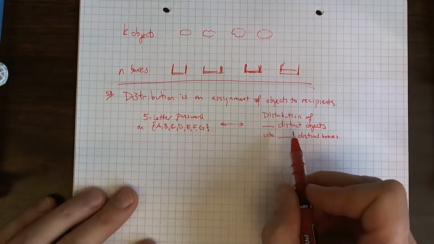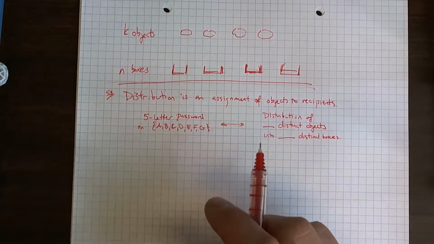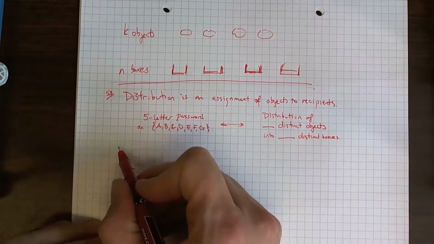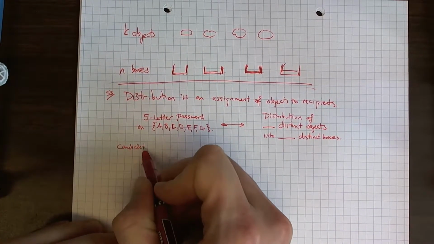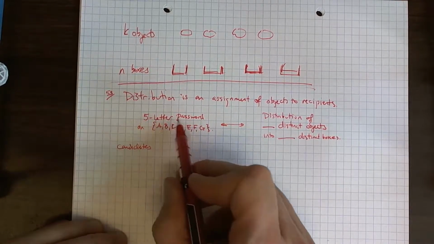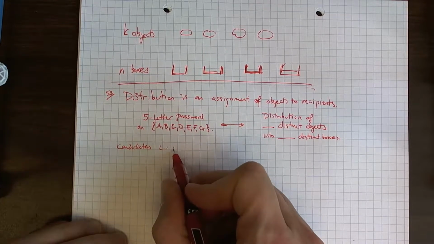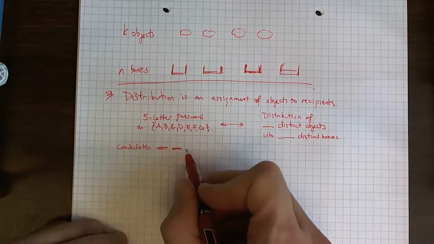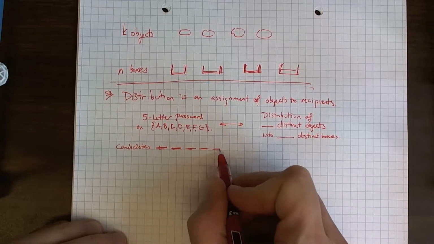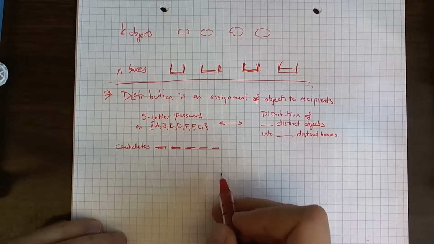All right, so which one is it? Now, what are the different candidates? Well, we want to put letters. We have a password and it's got 5 positions, and we want to create passwords that are 5 letters long.